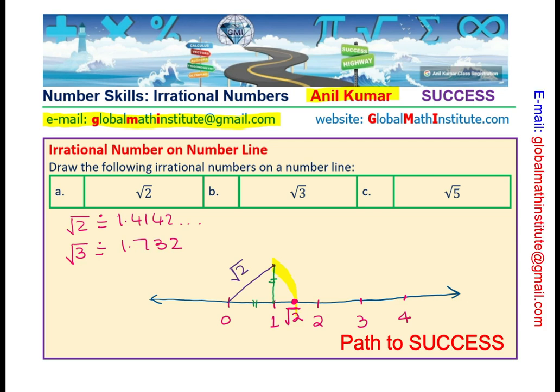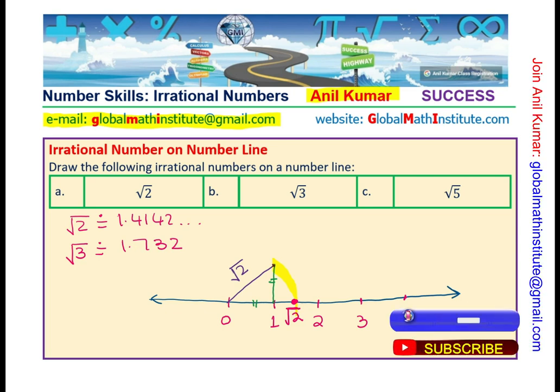Perfect. Now let's see. I have a reason to take square root 3 and square root 5 also, just to repeat the whole process. Now, how do I get square root 3? Think about a rectangle whose one side is square root 2 and the other side is 1. Then you get square root 3, correct? So, what we are going to do is from square root 2, draw a perpendicular line, right?